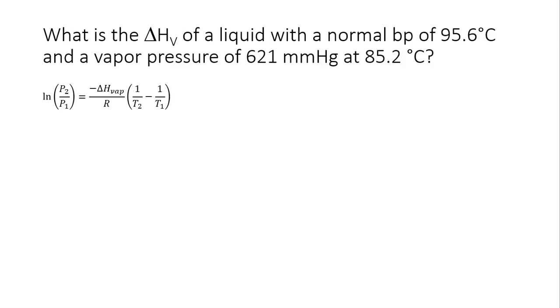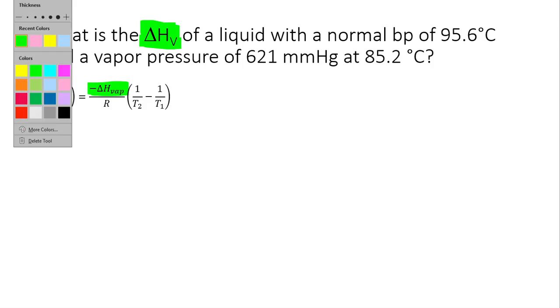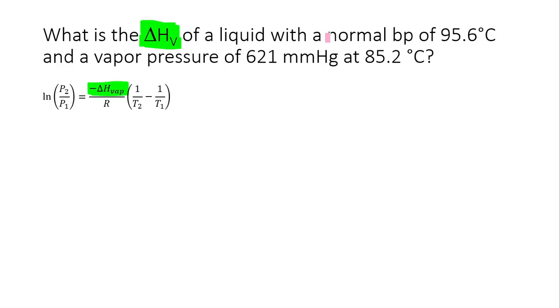I think before I send this out to the wonderful place of YouTube. What is the delta H of vaporization? Oh, good Lord. Okay, so we already know what we're solving for. Of a liquid with a, and I'm going to put this in pink, normal boiling point of 95.6.